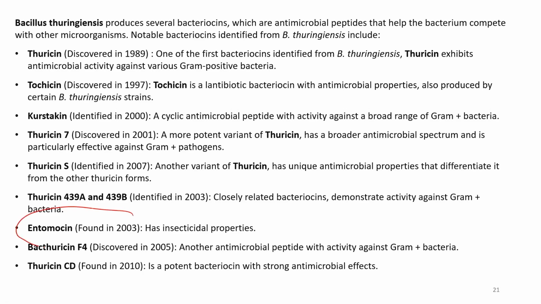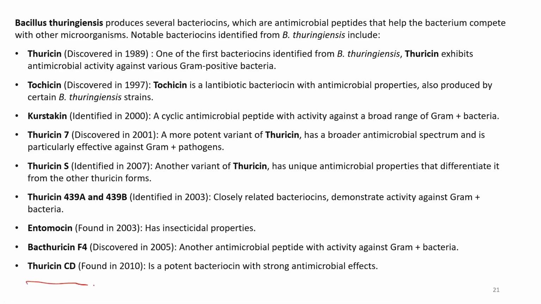Then entomycin, which was discovered in 2003, has been reported to have insecticidal properties. Then there is bacthuricin 4, discovered in 2005, which is an antimicrobial peptide with activity against gram-positive bacteria.